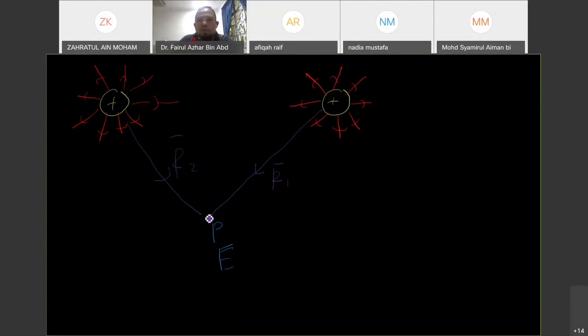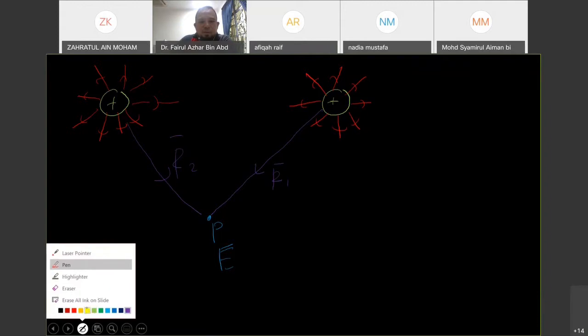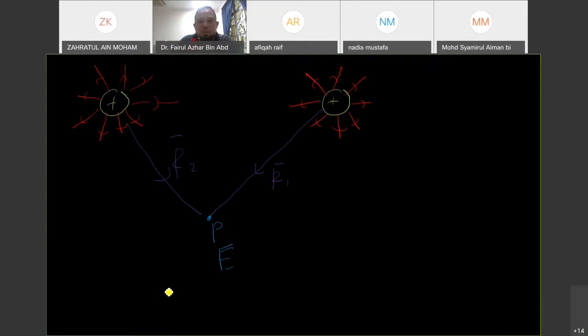So let's say if you put another charge density here in the line, for example. This is our rho L. So what happened to this E? Okay.